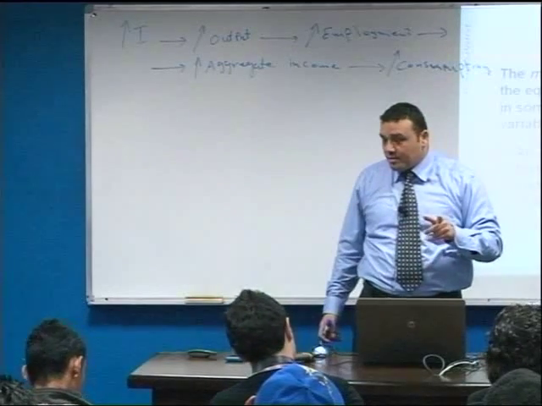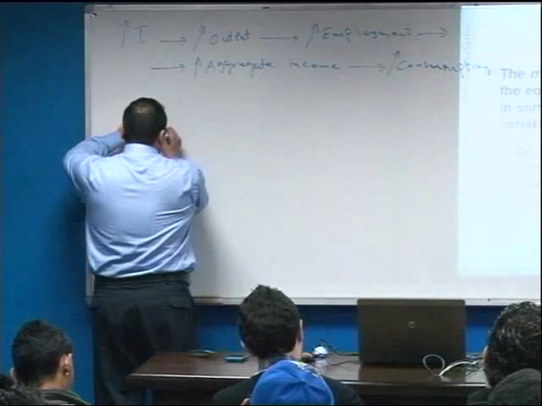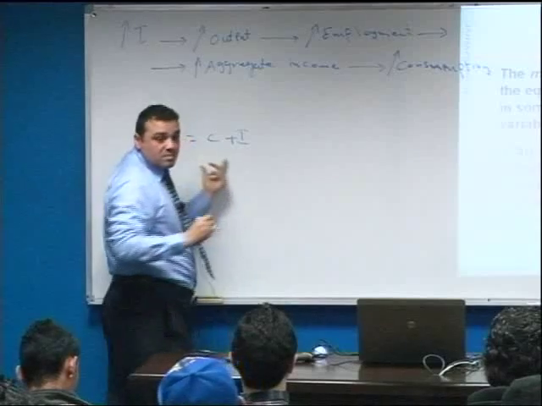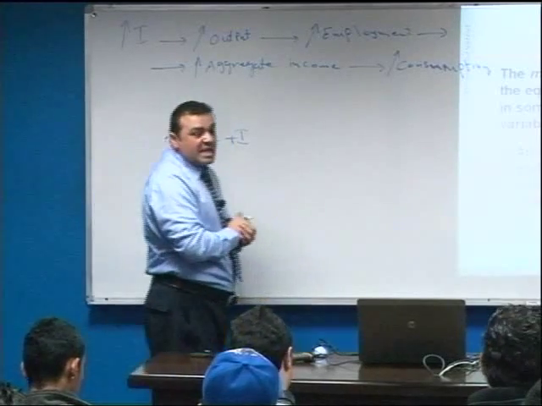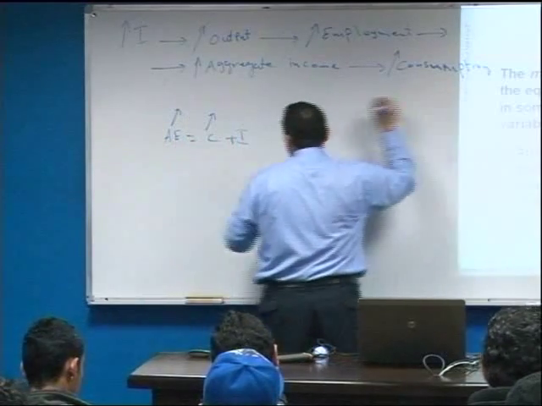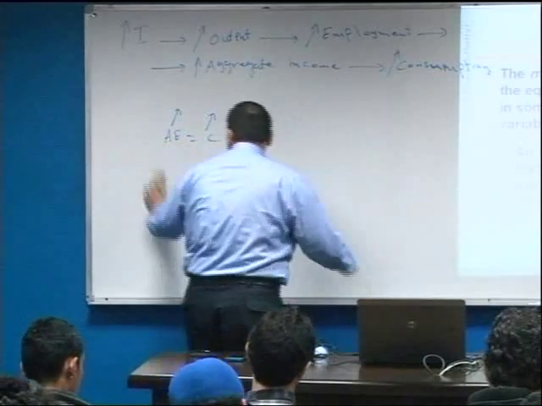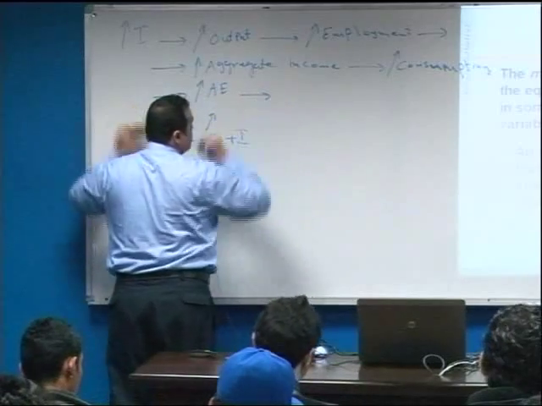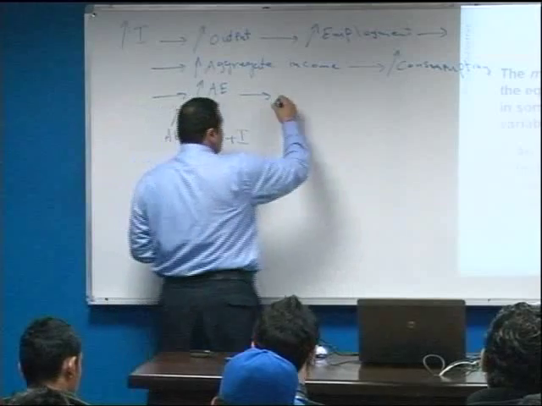As you know, aggregate expenditure equals C plus I. Increasing consumption leads to increasing of aggregate expenditure, which means increasing of aggregate demand for goods and services.